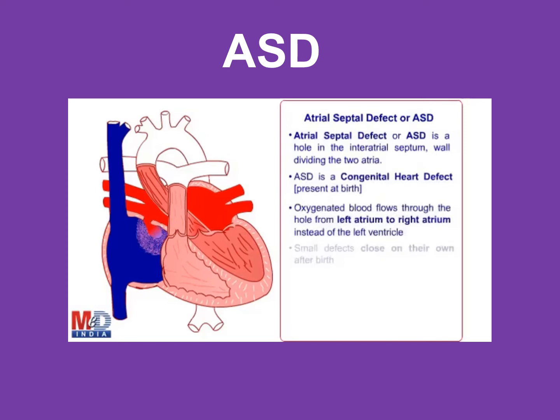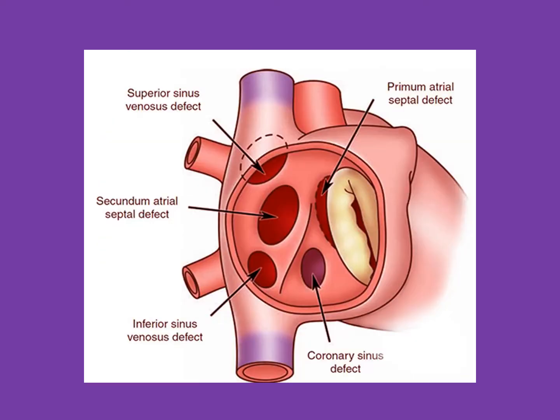Again, the flow is left to right because the pressure on the left side of the heart is greater than on the right. Again, this is based on the location of the defects. So we have the primum, the sinus venosus, and the secundum.